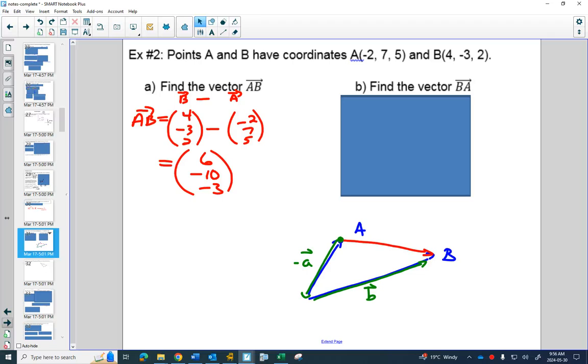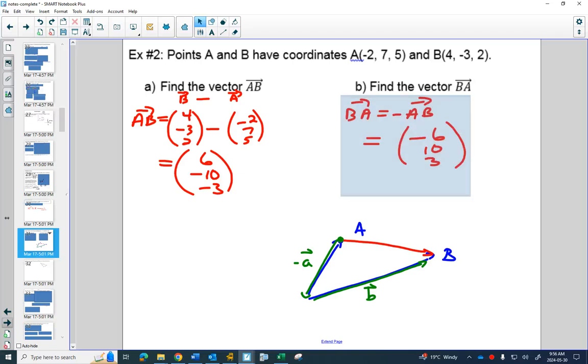And you could do BA in the same way. Say if I'm starting at B, I would go negative B first, and then I would go positive A. But I might also just say that if I know AB, then BA will just be the negative of AB.